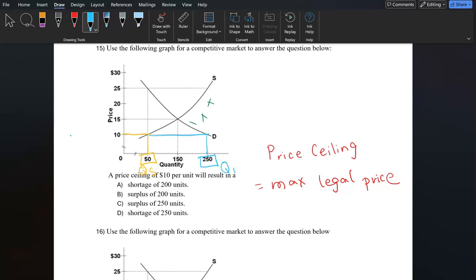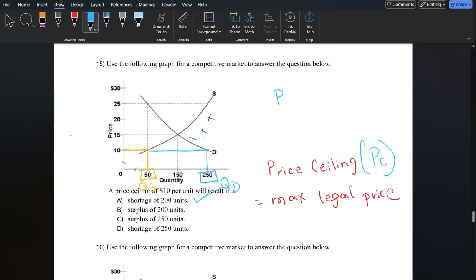That's the quantity demanded. This is going to cause a shortage of 200 units. But, big but. However, if the price ceiling was equal to $15, there would be no shortage, no surplus.